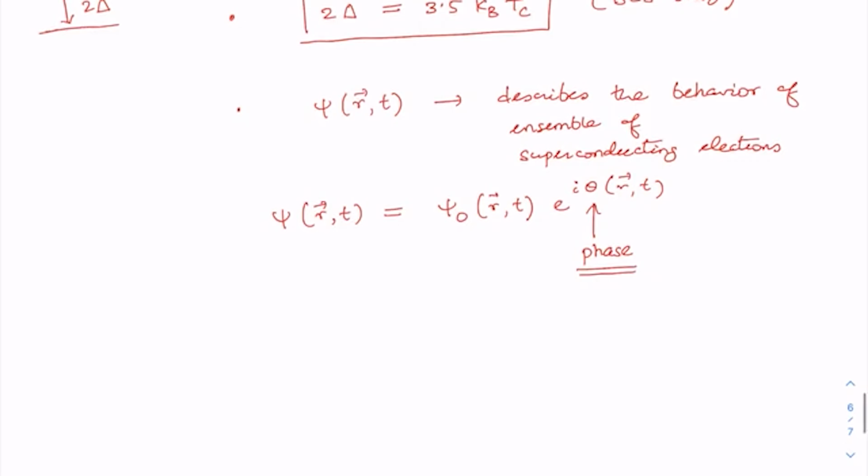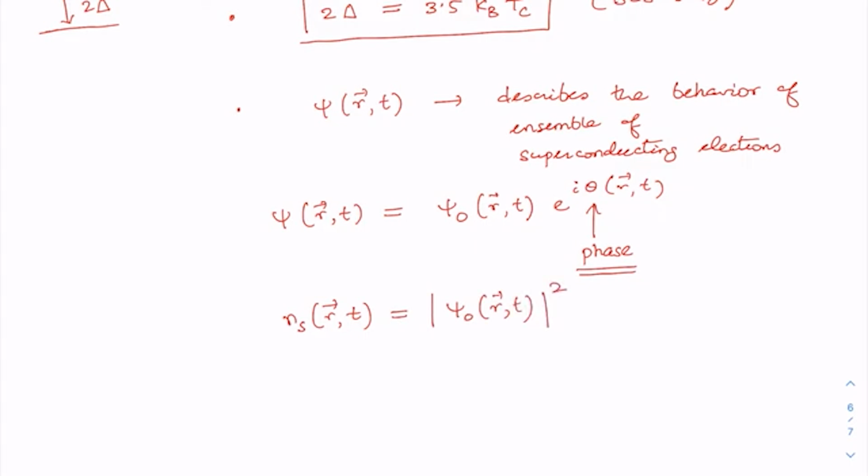The local density of the superconducting electrons at a point r and at time t, say n_s, is equal to |ψ0(r,t)|².